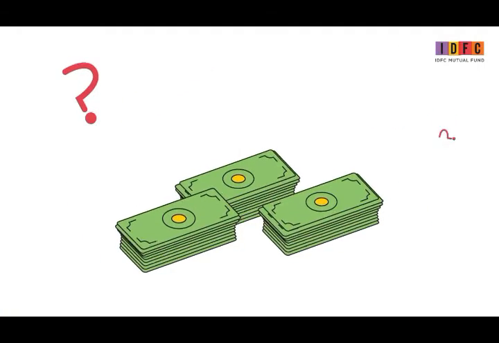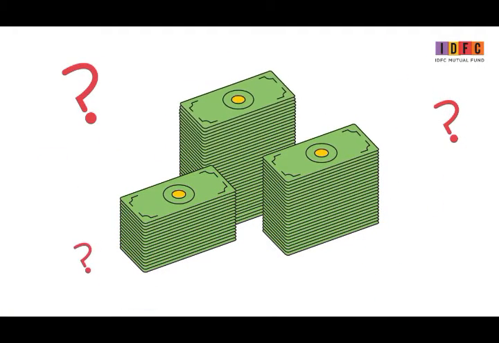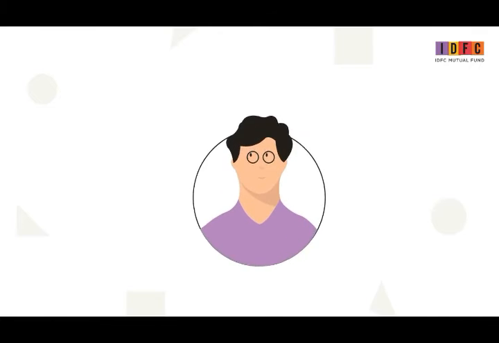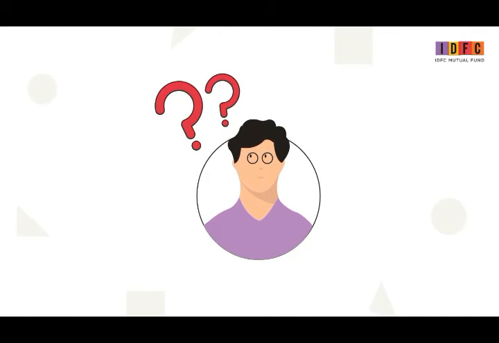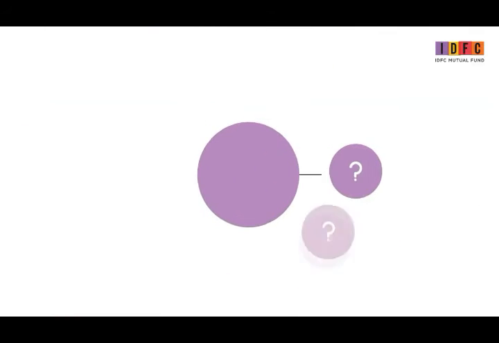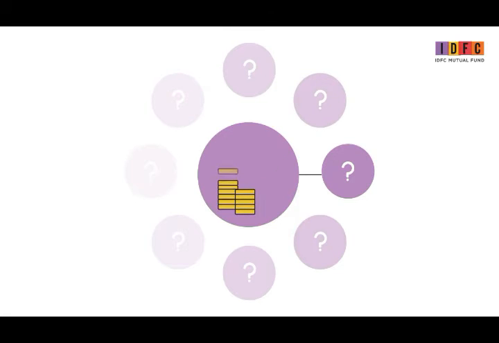Are you confused about how to invest in debt mutual funds? Wondering how to make sense of all the debt funds available in the market? With so many categories and funds to choose from, it can be difficult to identify the right debt mutual fund for you.